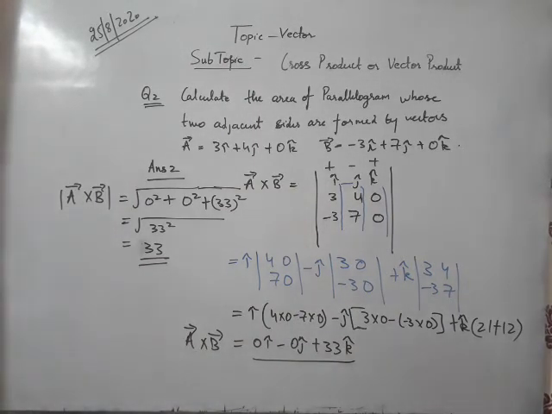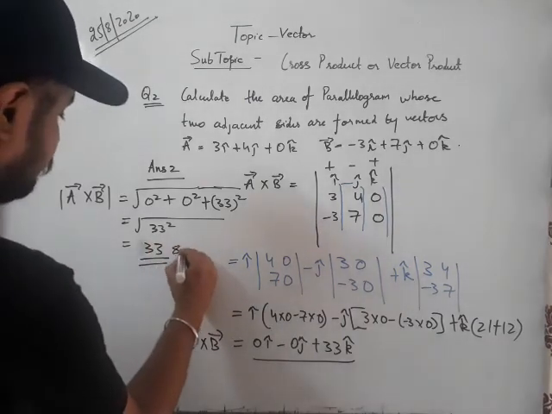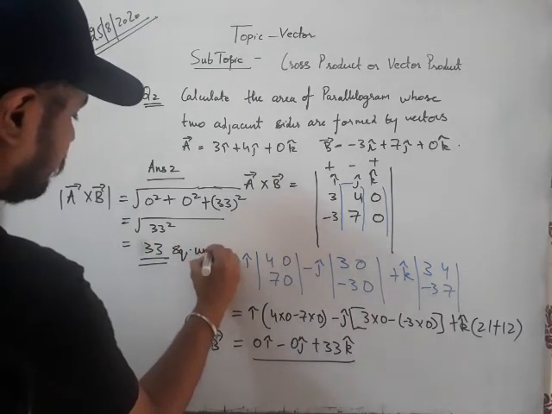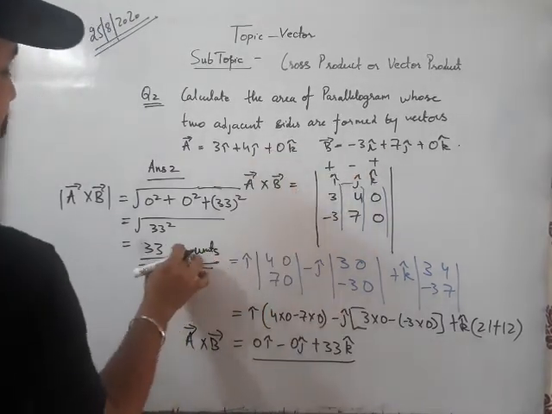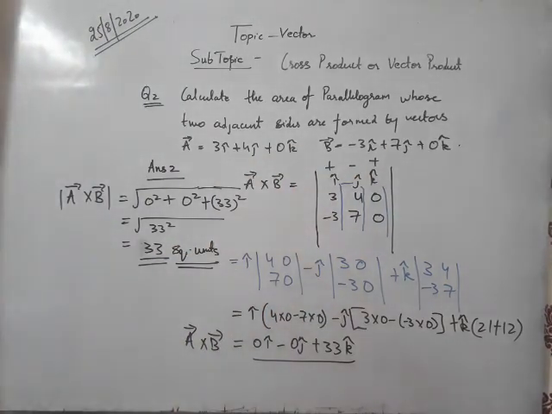Since area is in square units, we write square units along with it, whatever be the unit of A and B. So that's all for this numerical.